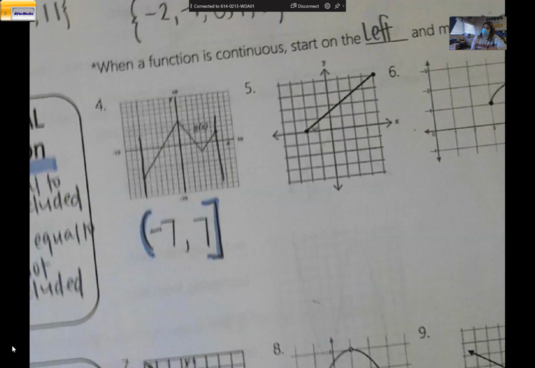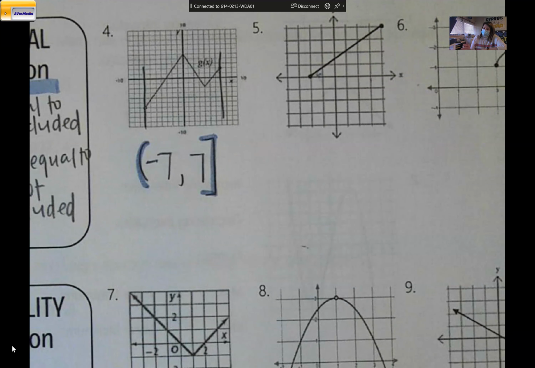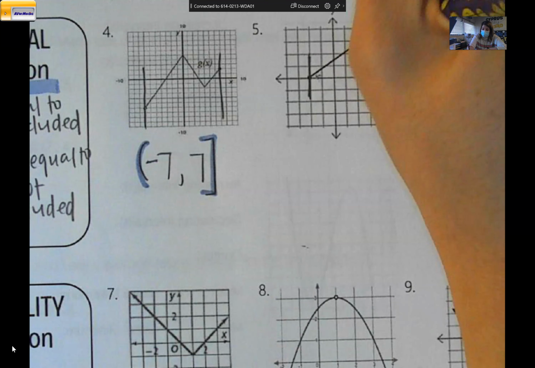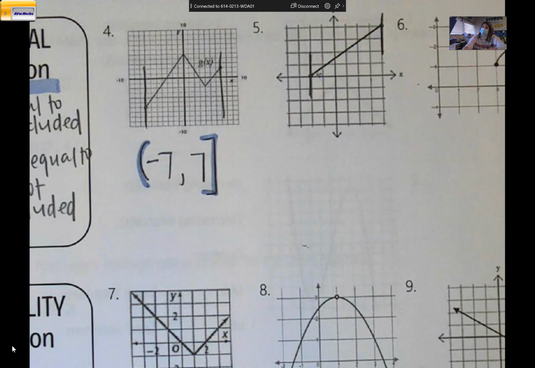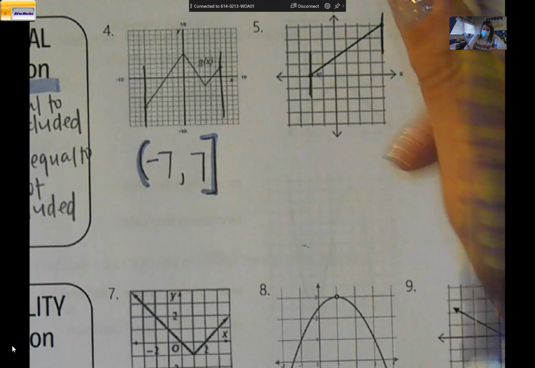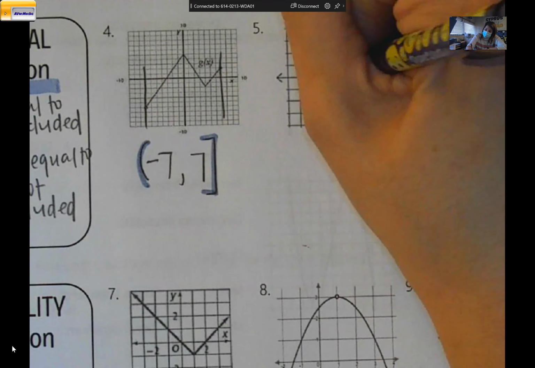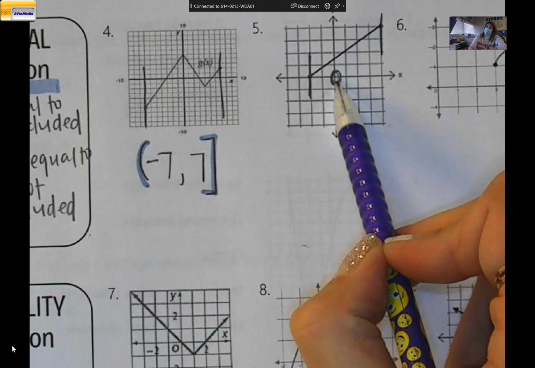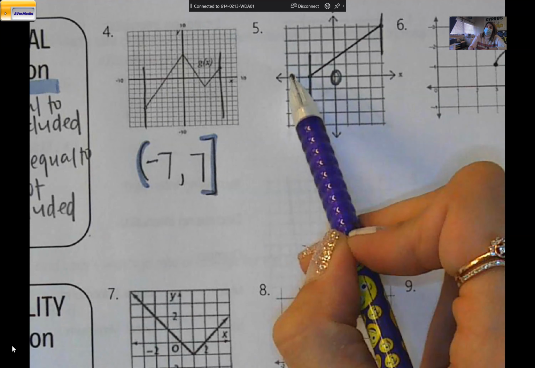Okay, so number 5, we've got a point on the left-hand side and a point on the right-hand side. Both are closed. So we identify where the origin is so that we can count what our x value is. So there's 0, 0. So what's our lower bound?